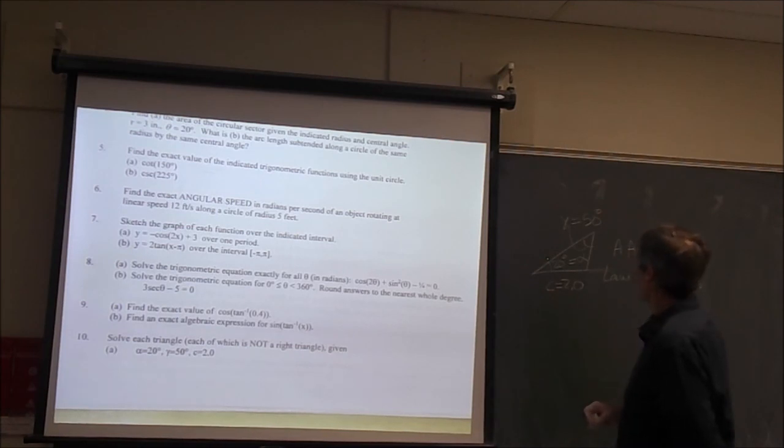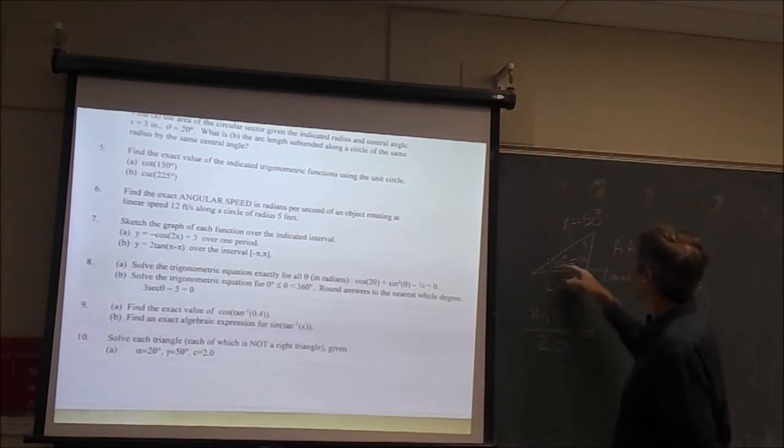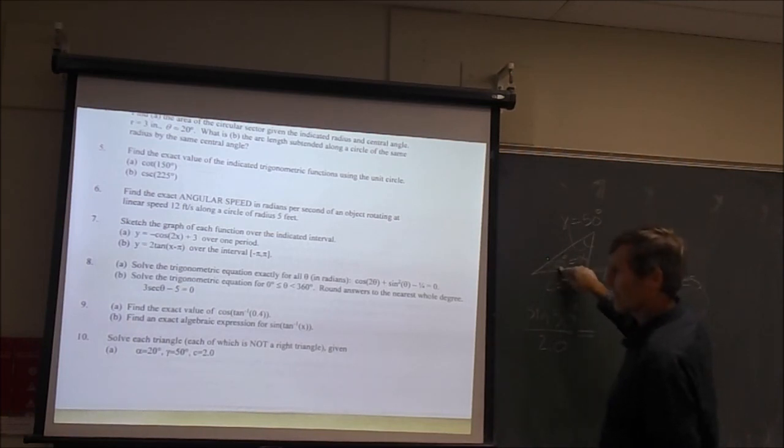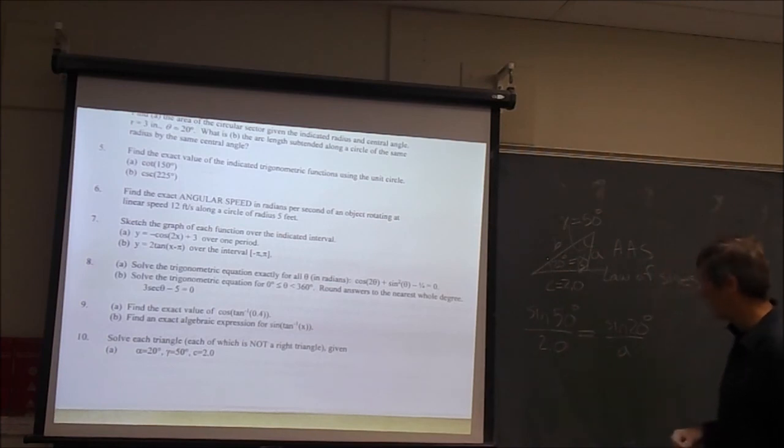Alright, so if I use the law of sines, then I want to use an angle and its opposite side, and I'll say sine of 50 degrees is to 2.0 as, let's see, 20 degrees was alpha, so this is A, and this is B and beta, as sine 20 degrees is to its opposite side, A. So the sine of each angle is to its opposite side as the sine of any other angle is to its opposite side.